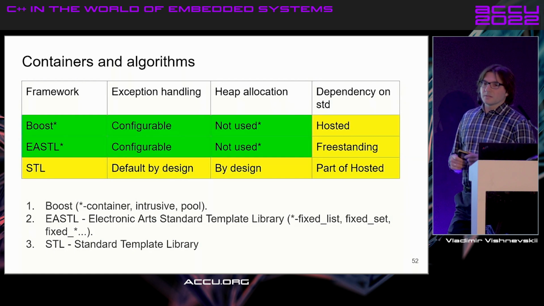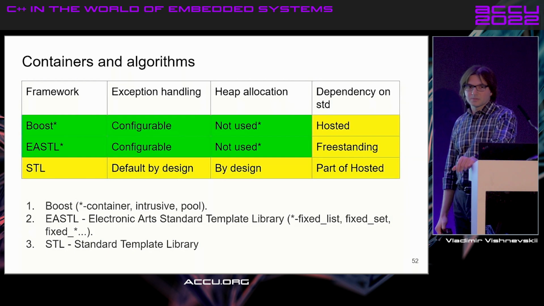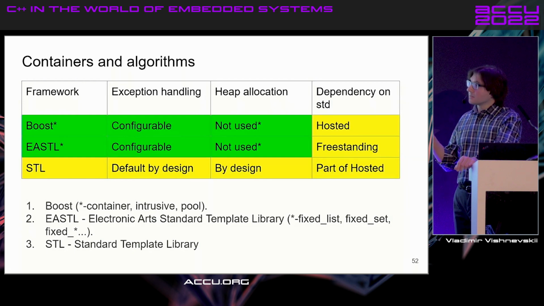There is another framework called Electronic Arts STL. This one is designed for game development, in fact. But as we discussed before, heap allocation is also critical in game development as well, so there are facilities that can be reused for embedded applications as well.